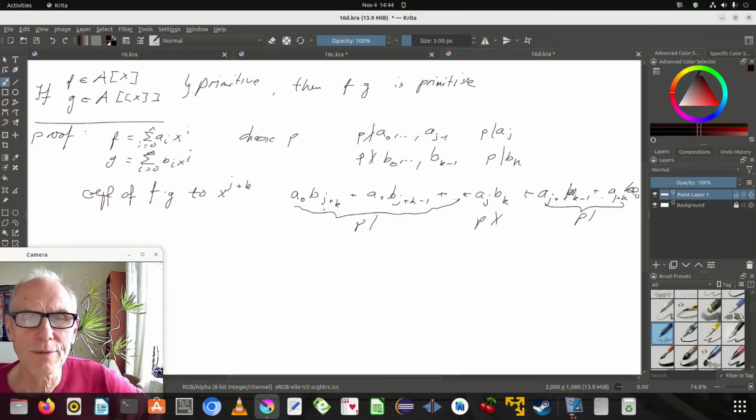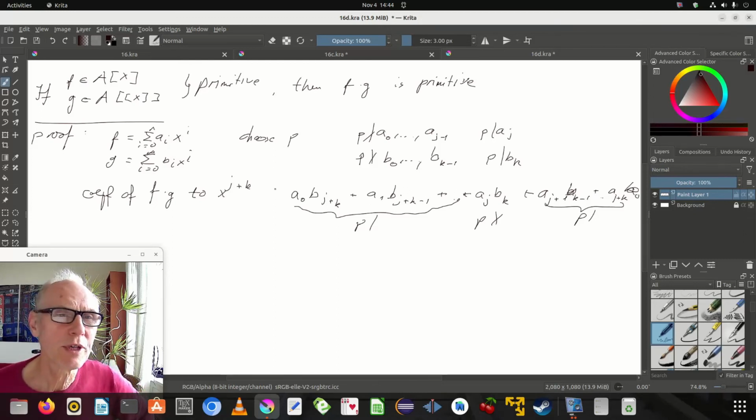Now I just missed what I'm doing here. I want to show that any prime will have some term in the product that it doesn't divide, provided both f and g are primitive. And that's what I've found here.